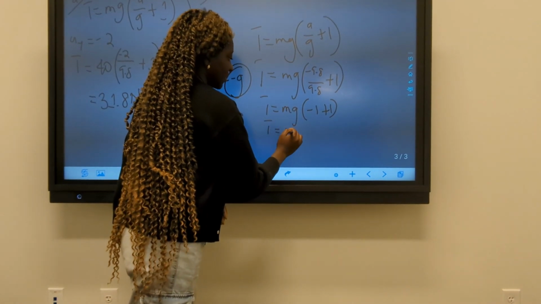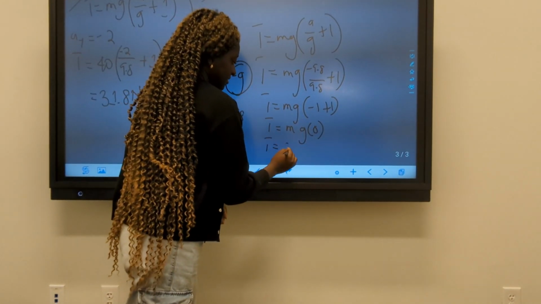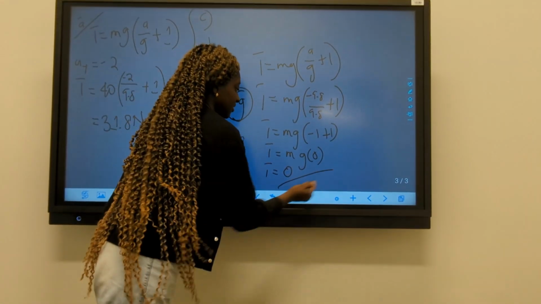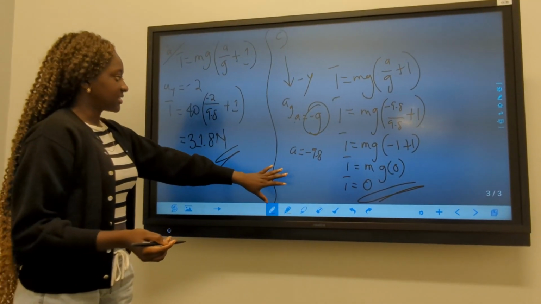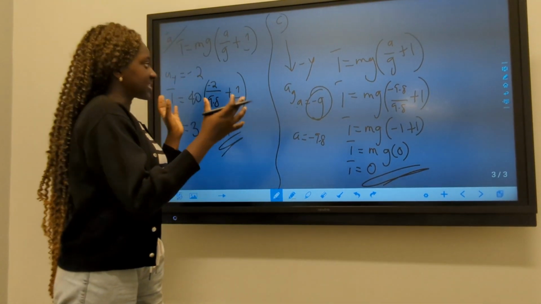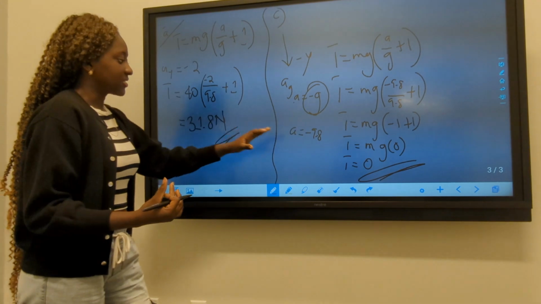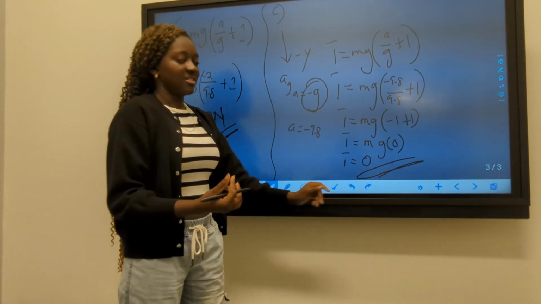T is equal to mg times 0, which is 0. So it's clearly been proven now that if the elevator is free falling, acceleration becomes negative g, and because of that, our tension is 0. Thank you.